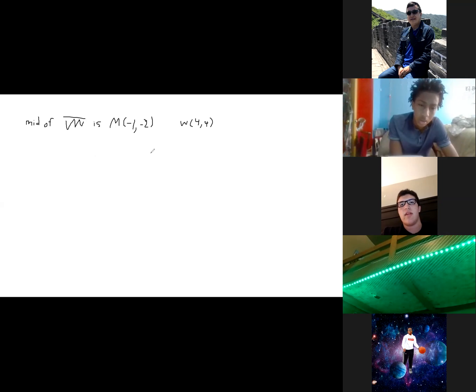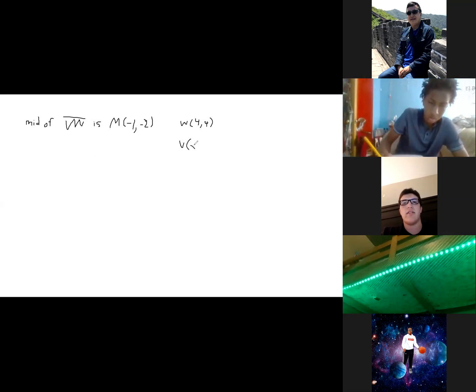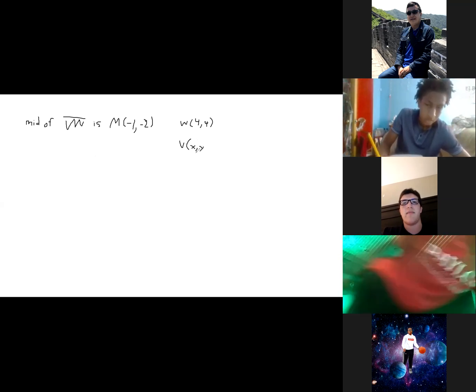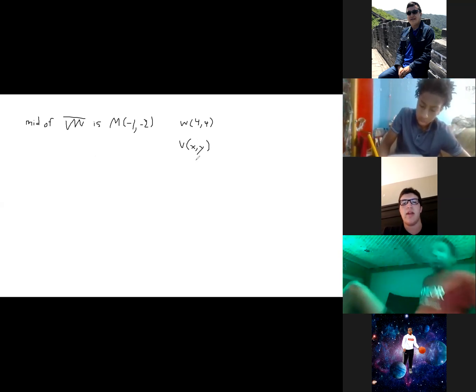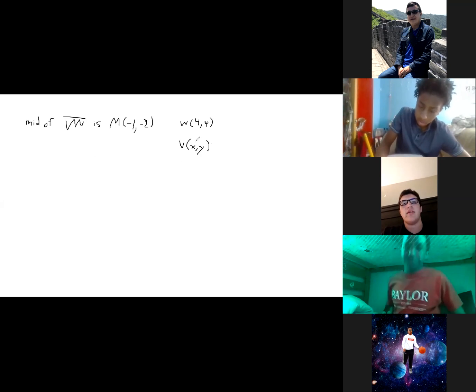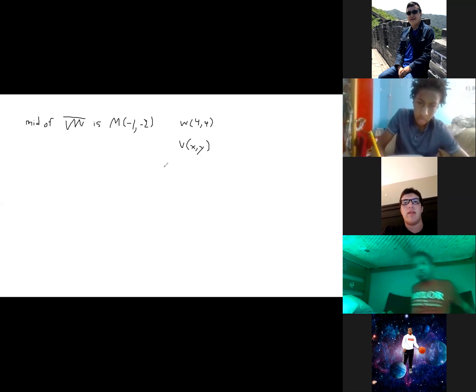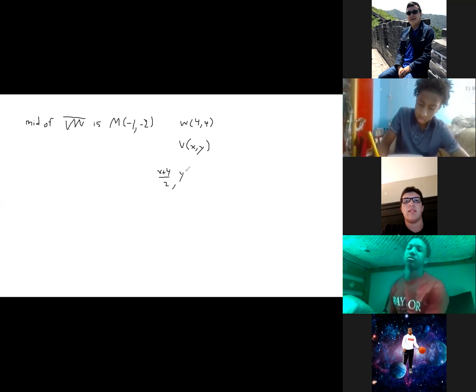We don't know what the coordinates of V are right now, so we could call the coordinates of V X and Y. If we're trying to find the midpoint between V and W, that would be x plus 4 over 2, comma, y plus 4 over 2.